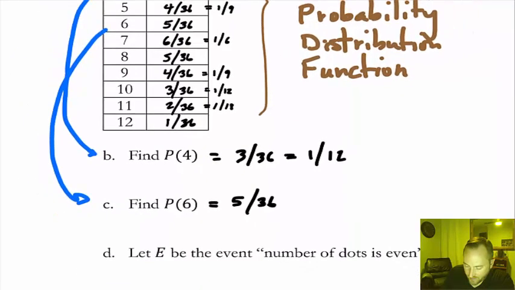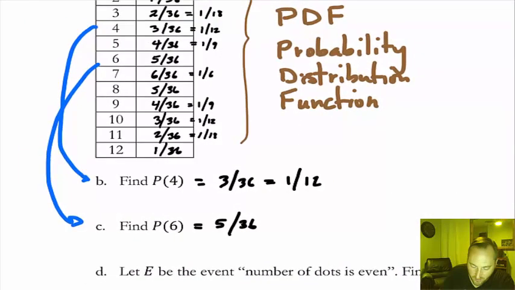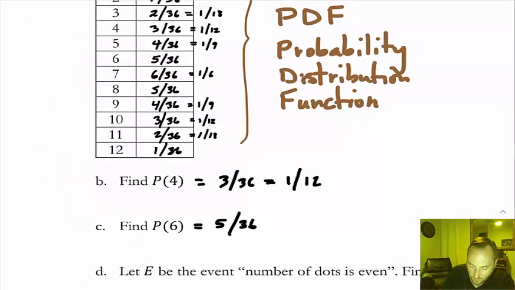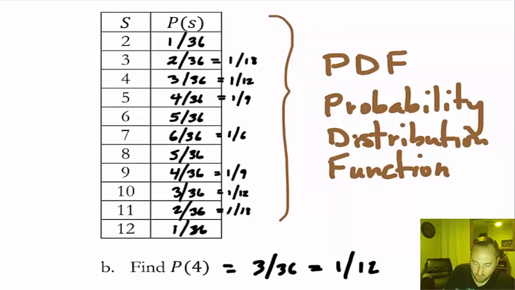Next one here is about the evens. I want to count there at the top how many of those are evens, but if we want to highlight them here, we could do that as well. Where the sum is even: well, 2's even, 4's even, 6 is even, 8's even, 10, and 12.